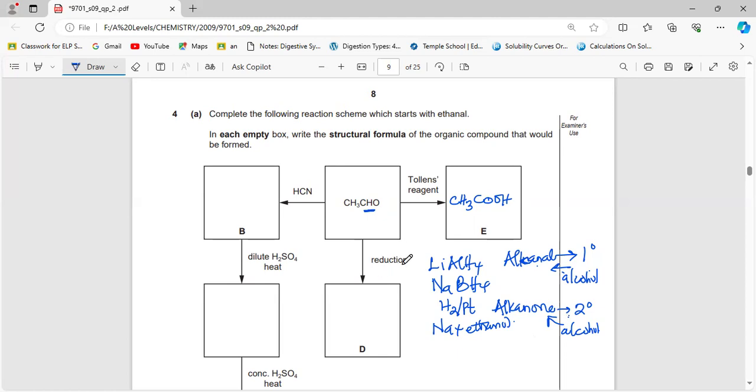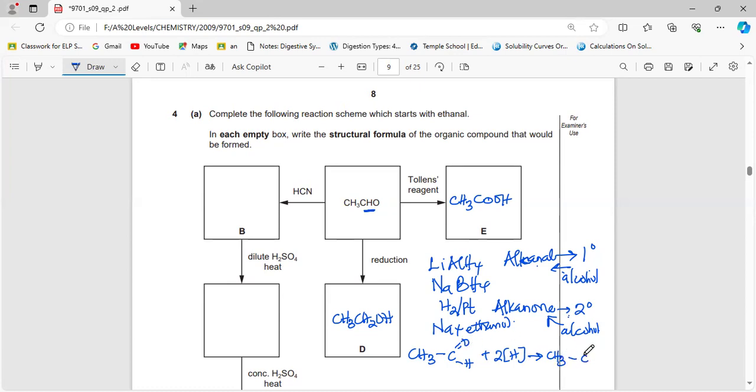So using reduction, obviously it's going to give us CH3CH2OH, because reduction is addition of hydrogen. If you write this equation out, we have CH3CHO plus 2H, that's always 2H, which now gives you CH3CH2OH, where our O will receive hydrogen.